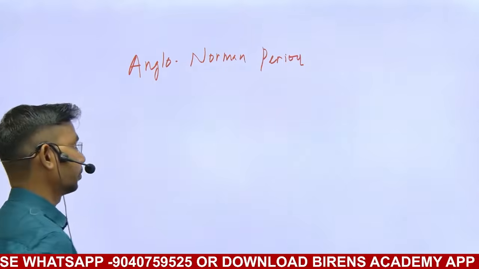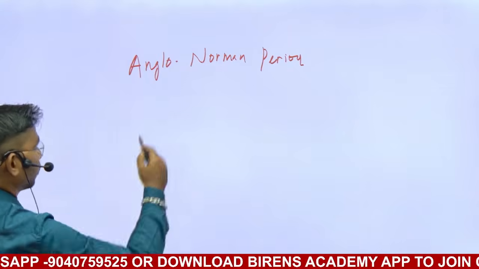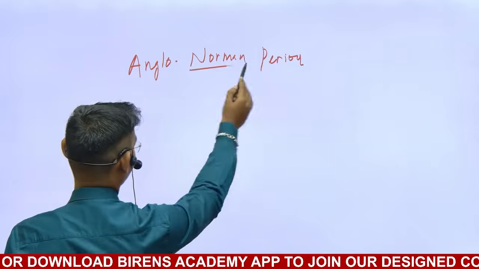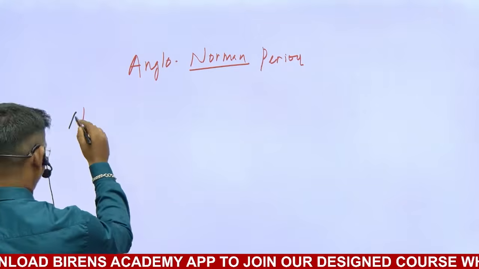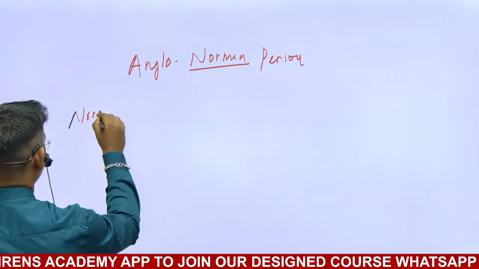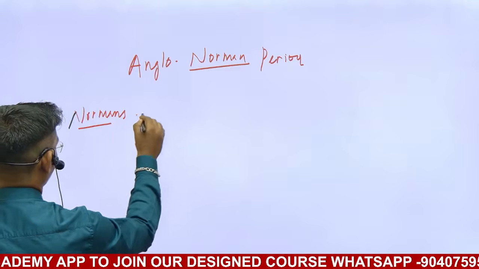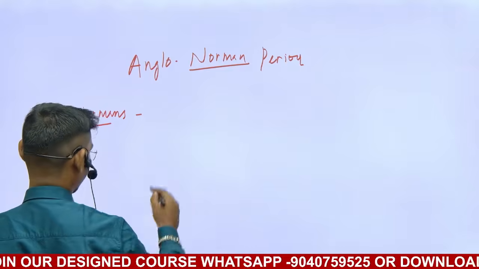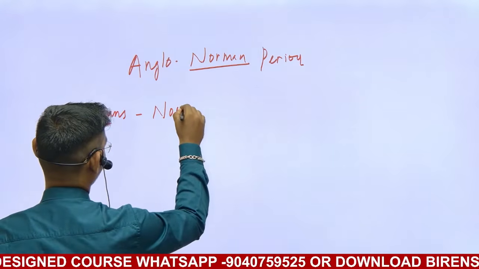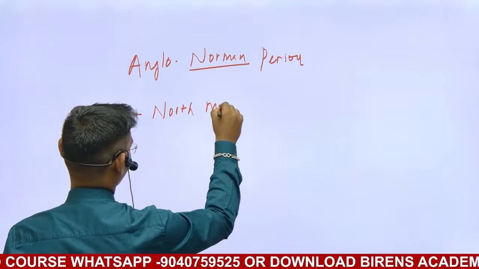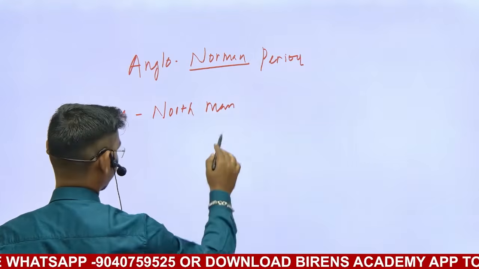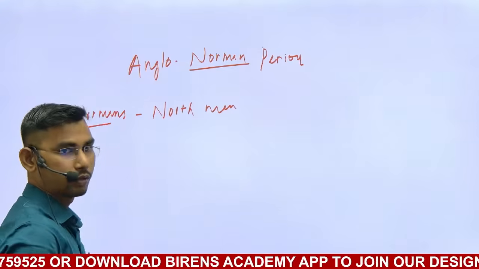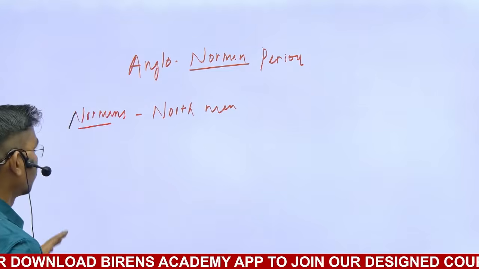Okay, Anglo-Norman period. So Anglo-Saxon to Anglo-Norman, how did it happen? Norman comes from the word Northmen. They came from the north side, so they were called Normans.